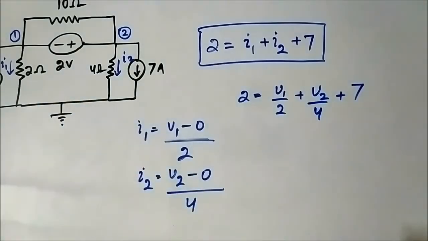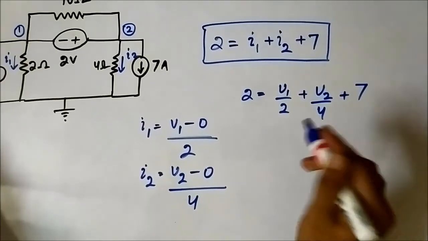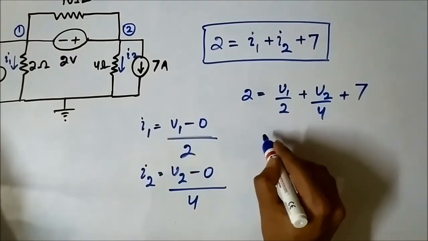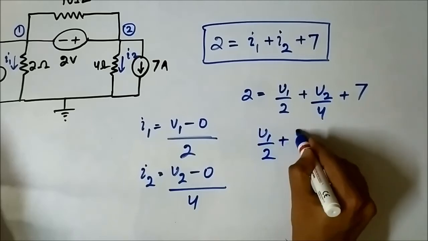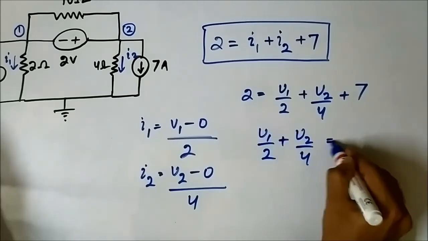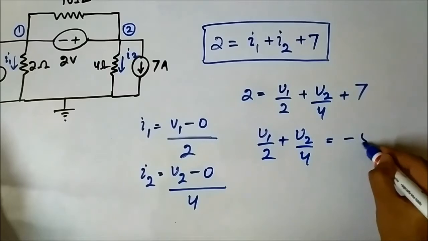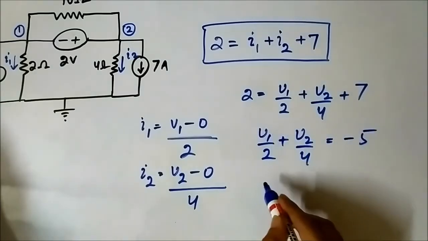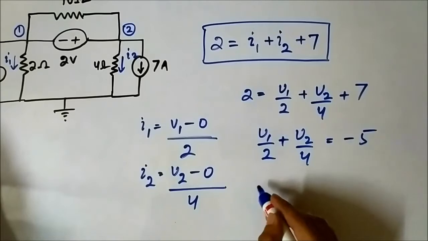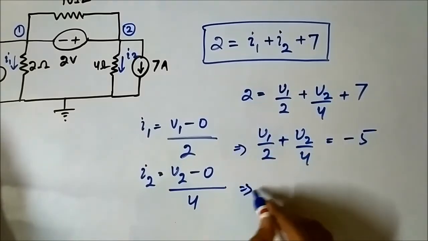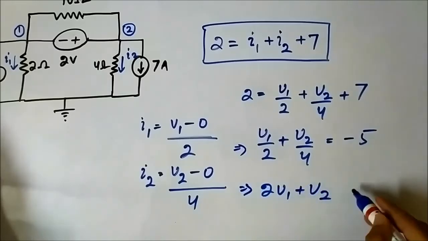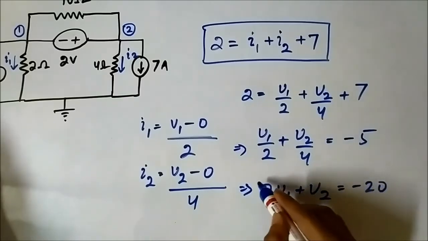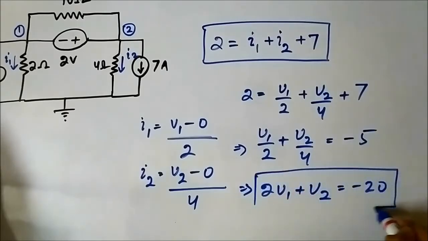So V1 by 2 plus V2 by 4 is equal to 2 minus 7, which is minus 5. If we multiply 4 on both sides, it will become 2V1 plus V2 is equal to minus 20.